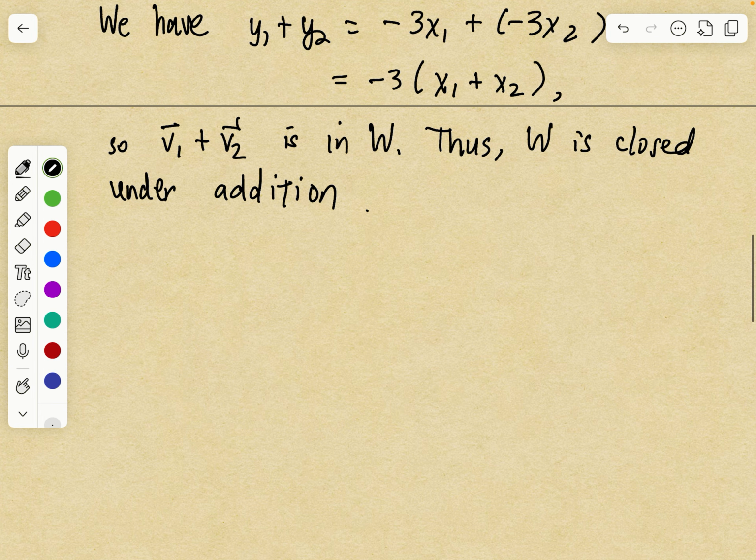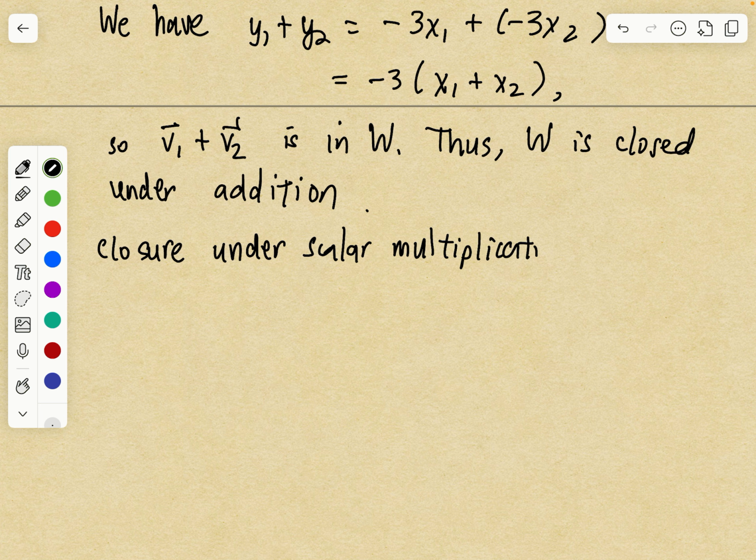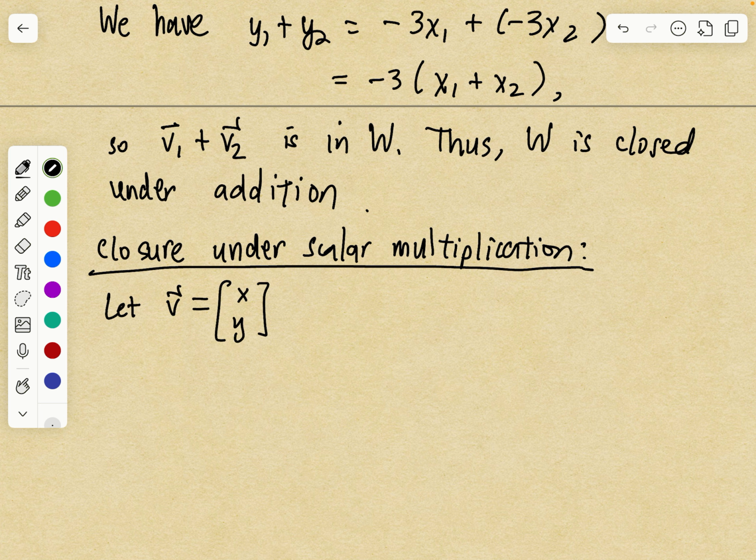And now the next thing we need to show, this is the last thing, is we need to check closure under scalar multiplication. So what we need to do is show that whenever you have a vector in W, any scalar multiple is also an element of W. So let's say that you have a vector v, which is (x, y).